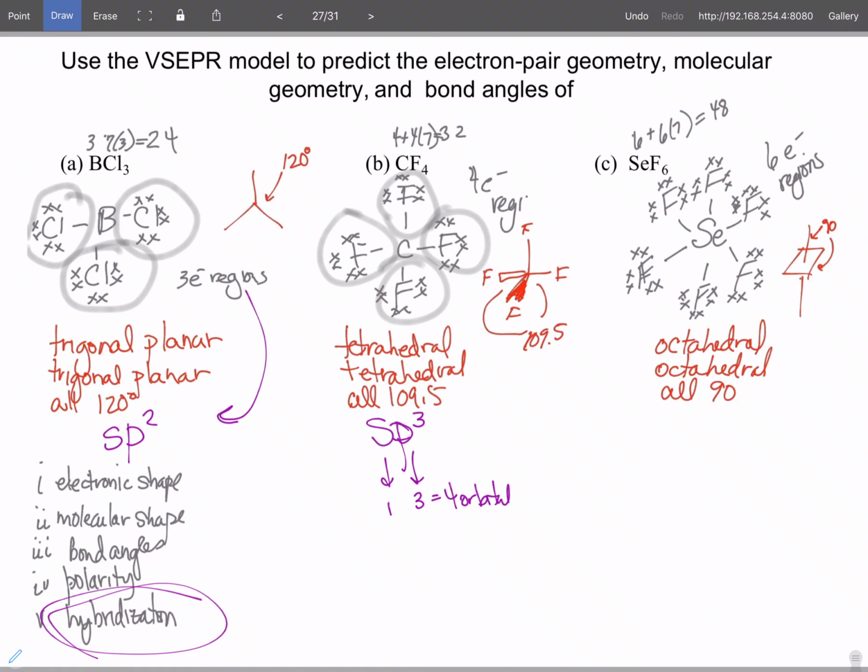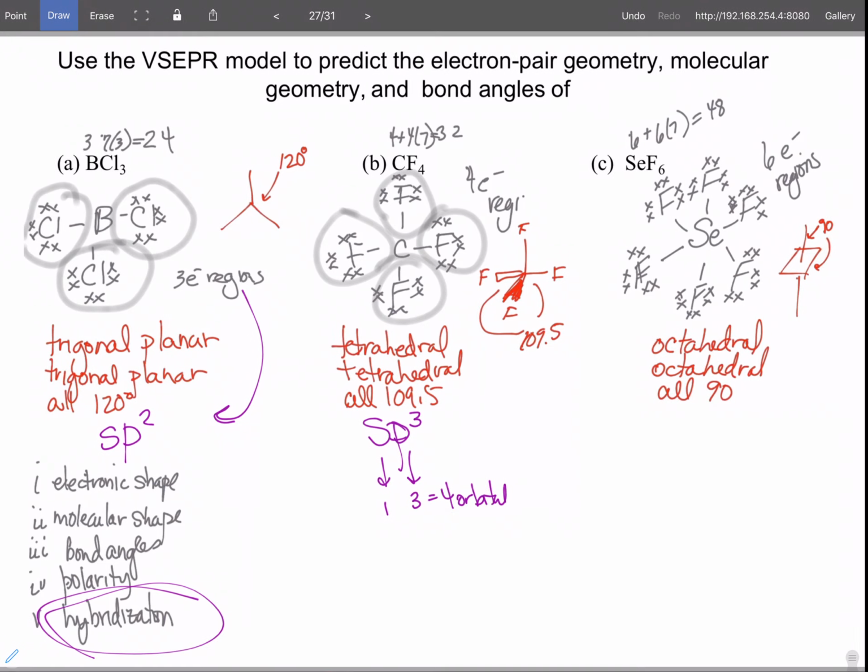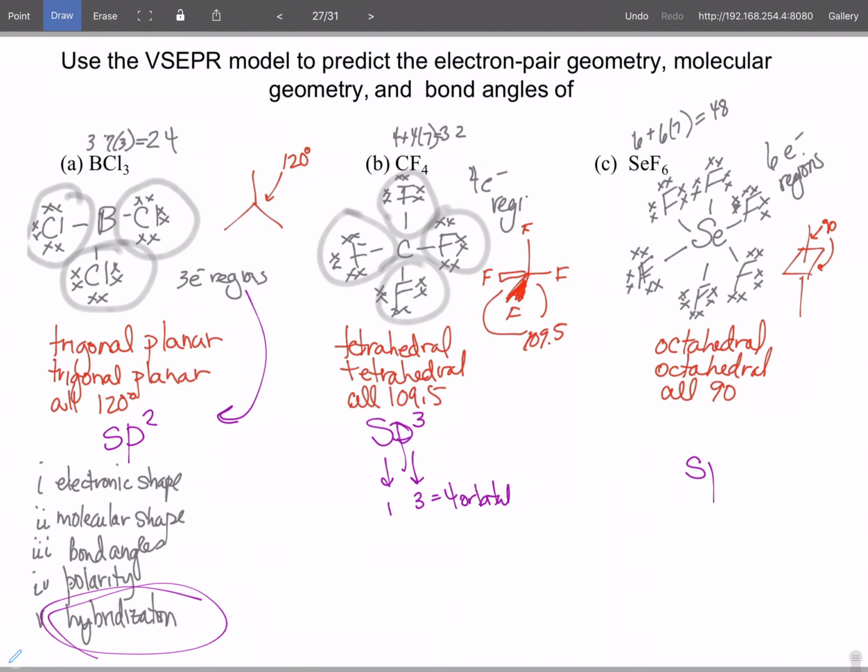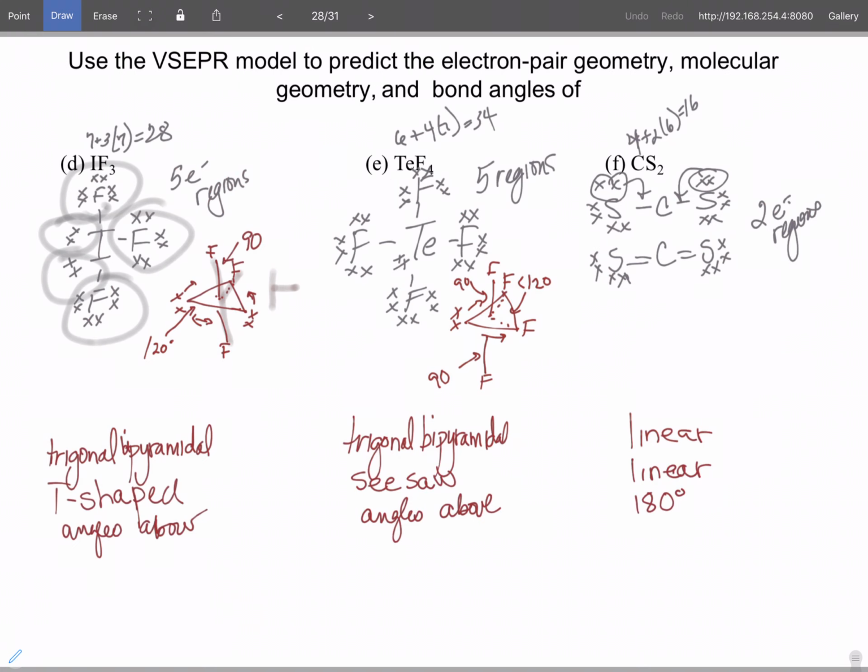Now, this octahedral one has 6 electron regions, so that's 1. That's another 3, so we're up to 4. So if we need 6, we add 2 D's in there. Here we have 5 electron regions, and remember, we don't care whether they're lone pairs or single bonds.